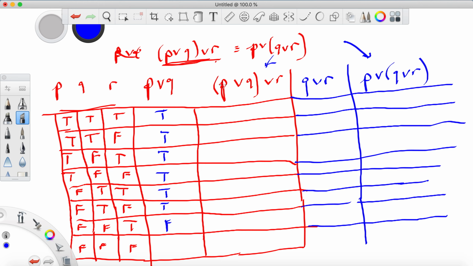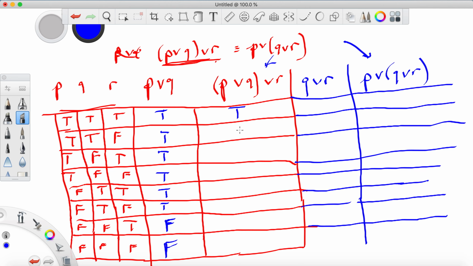From this value here, that's going to make this true, provided a value in here is true. Or R, as long as one of them is true. So all of these are true, except for the last two, which are both false.